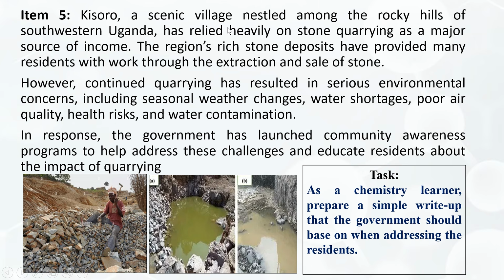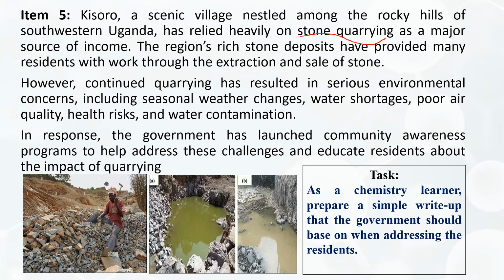Kisolo, a scenic village nestled among the Rocky Hills of southwestern Uganda, has relied heavily on stone quarrying as a major source of income. The word is stone quarrying. The region's rich stone deposits have provided many residents with work through the extraction and sale of stone.